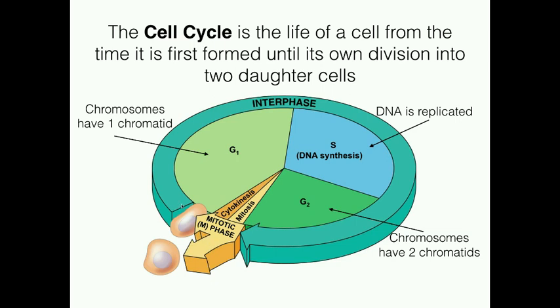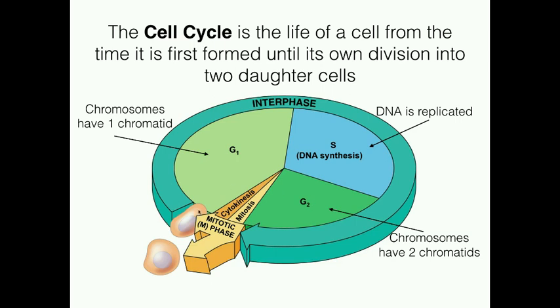Interphase has 3 subphases in it, what are called G1, S, and G2. The G technically stands for gap, so this is the first gap phase, this is the second gap phase, but you can also sort of think of it standing for growth, right?